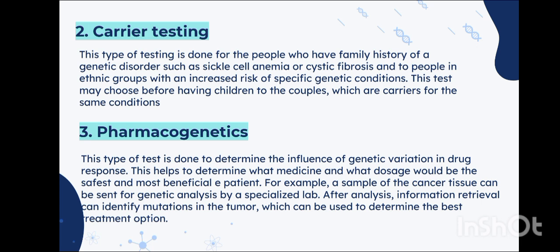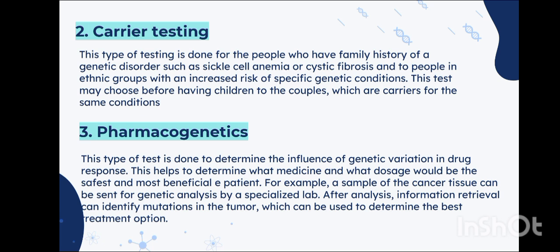This test is done before having any children, because if the couple are carriers for any disorder or condition, it can pass to their child. So it is done before the birth of that child, even before they start planning the child.